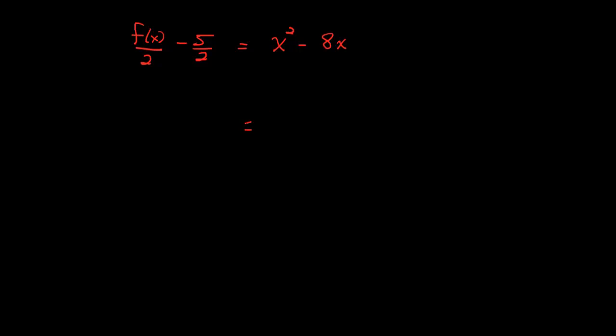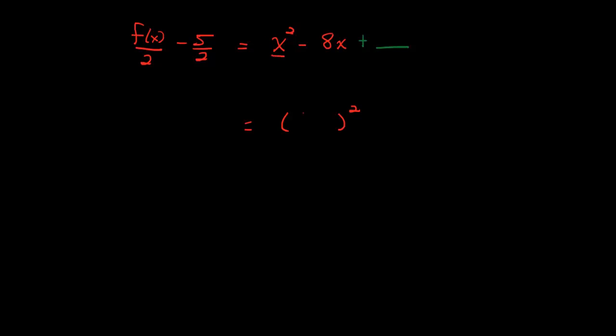Now we have to add a constant to both sides such that we have a complete square. We have to determine that perfect square form. We know this will be something squared.